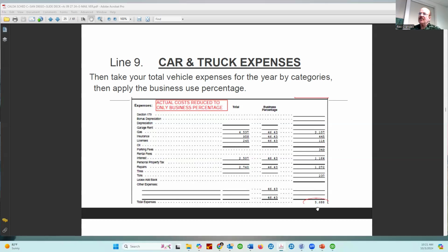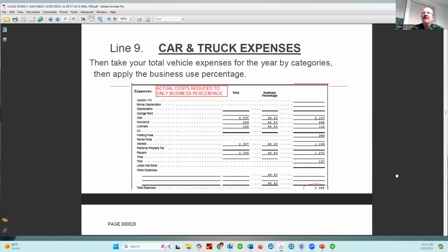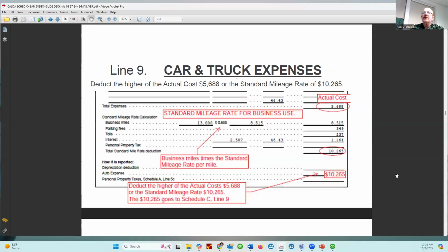Okay, we come up with $5,688. So that's one of two choices. Now we want to look at the per mile optional method. And what we'll do here is determine another method, and then we're going to take the bigger deduction of the two methods.